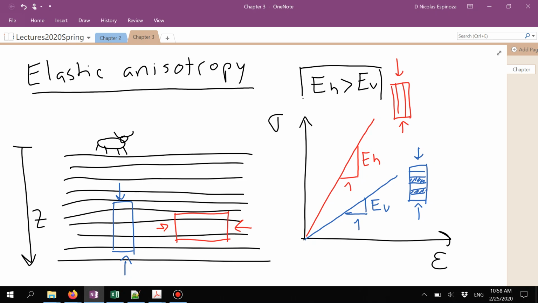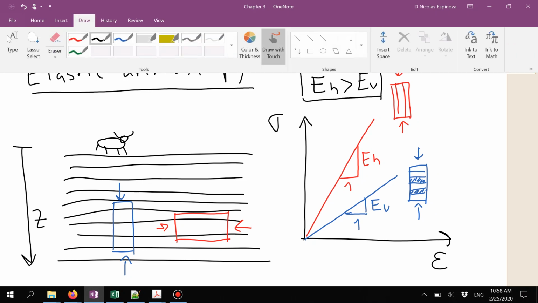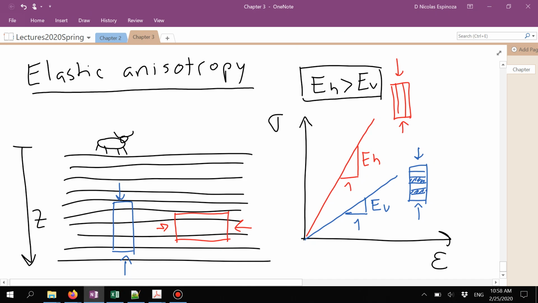And that will depend on the kind of rock, on the properties of those layers inside the rock. Let me show you an example of this, which actually applies very well to problems that we have right now, for example, for unconventional formations.